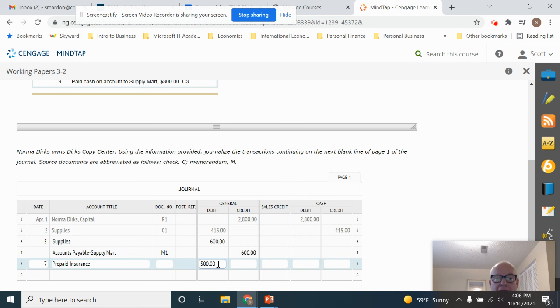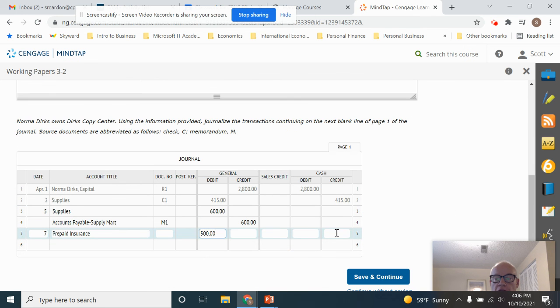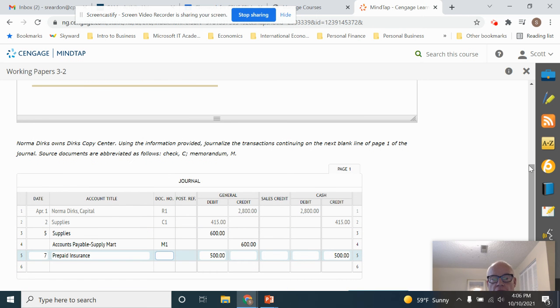And I'm paying cash, right? So I'm going to pay cash for insurance. I'm going to credit cash in the special cash column. Now, if I was using lined accounting paper, I wouldn't have to do all this decimal stuff, right? And my source document was check number 2. Again, when we say cash, that could be green stuff or that could be an actual check.